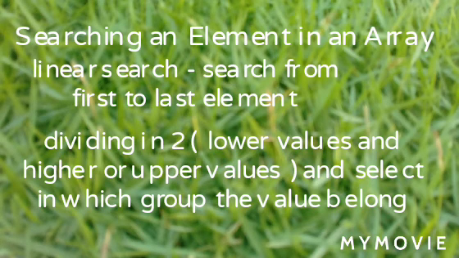Then it checks where the number belongs. If the number belongs to the upper values, all of the lower values will be rejected. The same goes when the number is in the lower values: it rejects the higher values. Then the accepted values will be divided in half again, and the process will continue until it finds the number it is looking for. It is faster than linear search only if the elements of the array are sorted.